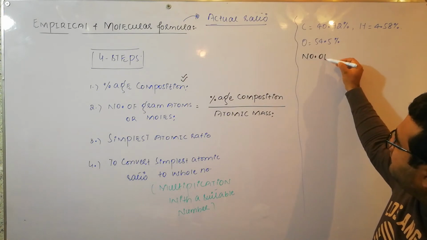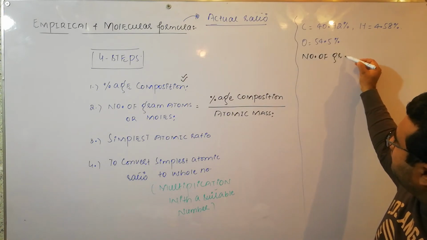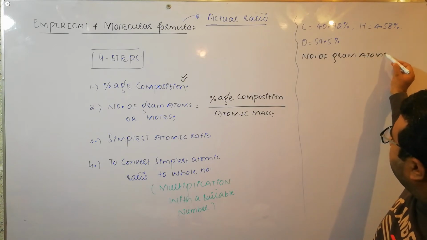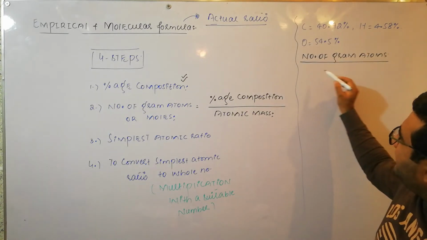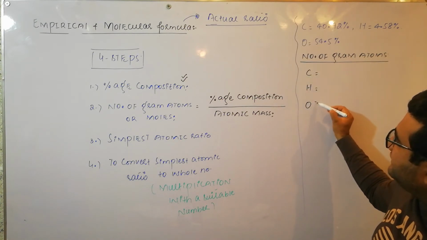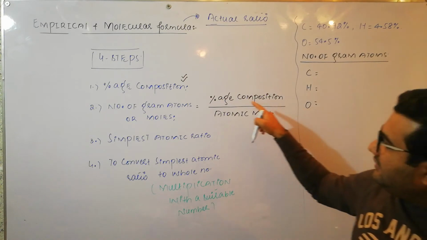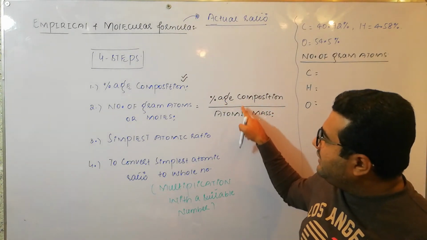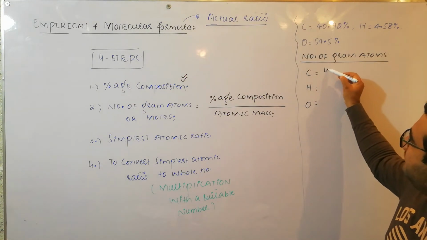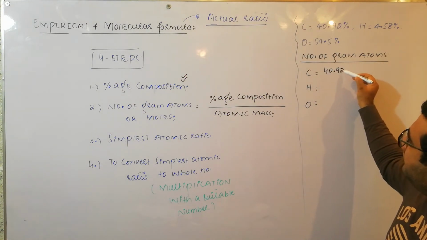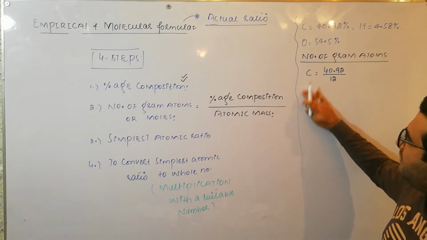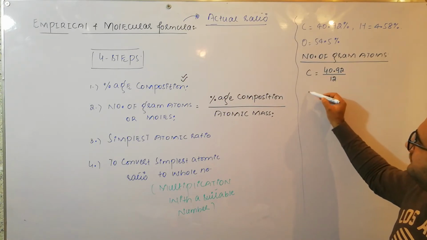We will calculate the number of gram atoms. Now let us first calculate the number of gram atoms of carbon, then hydrogen and then oxygen. The formula is to divide the percentage of every element with its atomic mass. The percentage of carbon is 40.92. So you will divide it with its molar mass or atomic mass, that is 12.